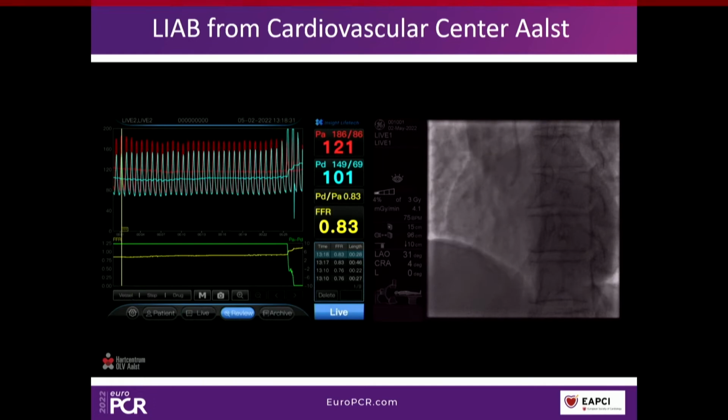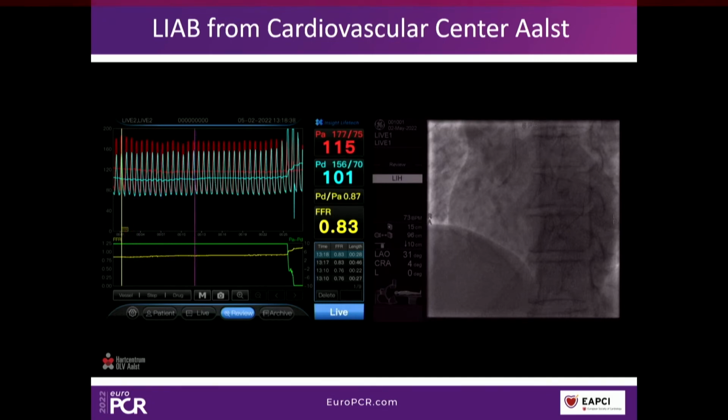Stop. Okay, we have to fix the sample volume correctly, but I don't see any residual gradient. Yeah, this is the post-PCI FFR. It was 0.87, 0.88. There seems to be diffuse gradient. I would stop the treatment of this vessel.